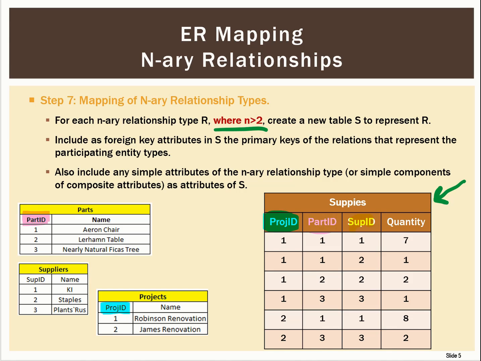And we have the supplier ID, which is a foreign key to the supplier ID in the suppliers table. And then altogether, these three form the primary key of this relationship in this table. So I need all three foreign keys together to be a composite key.